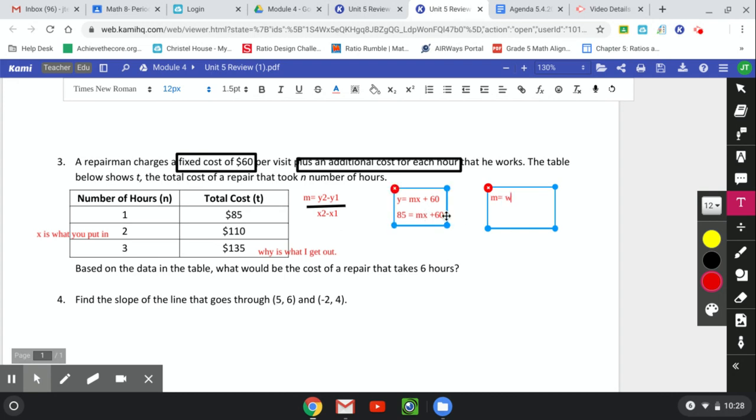Not that this is going to be wrong, but this is going to take extra steps. So I know that I can take 110, and I know that that's going to be my y2 because it's further away from the heading than 85, which is my y1. And I'm going to divide this by 2 minus 1.